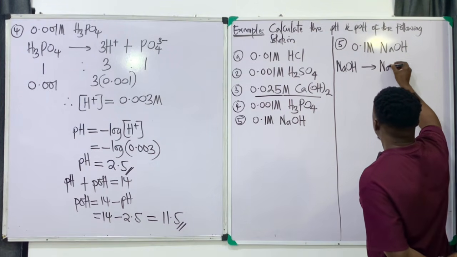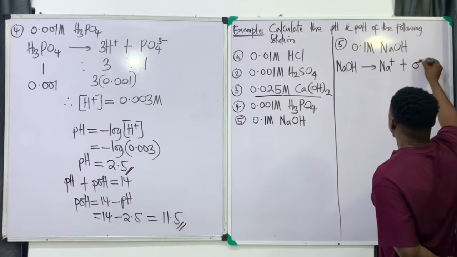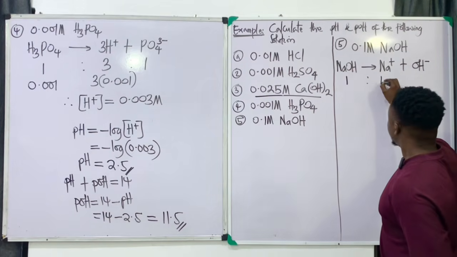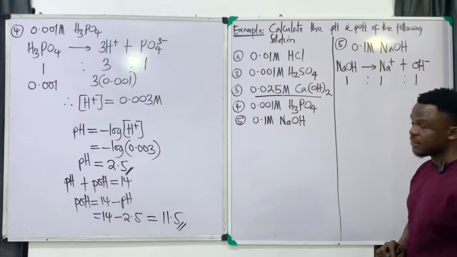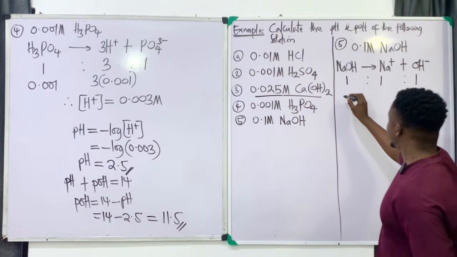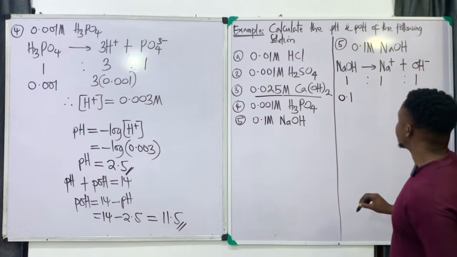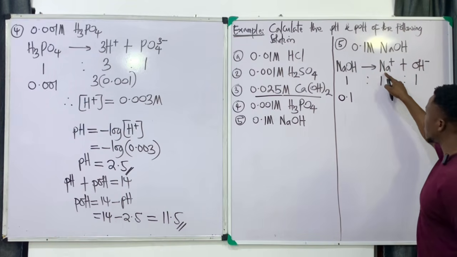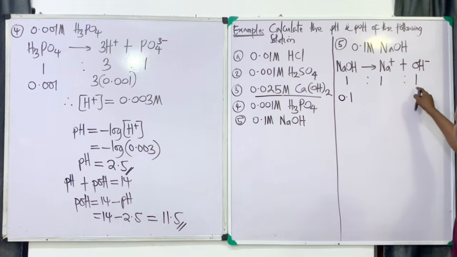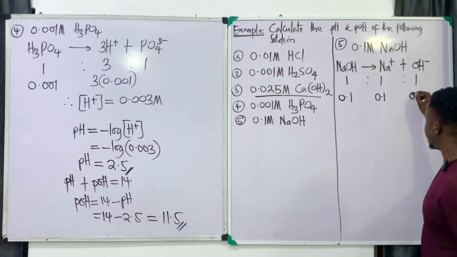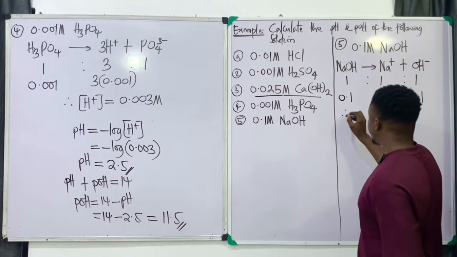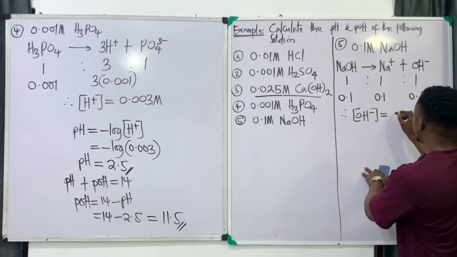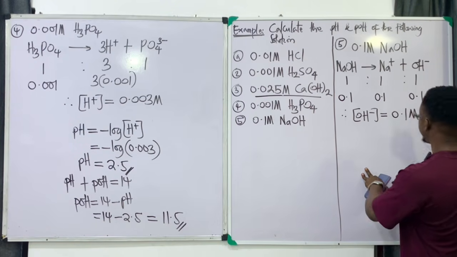We have Na plus and OH minus, the ratio is 1:1:1. The value of this is 0.1, so the rest is going to be 0.1, but I am not interested in Na plus. I'll just put it for formality's sake. So therefore, the concentration of OH is 0.1 molar.